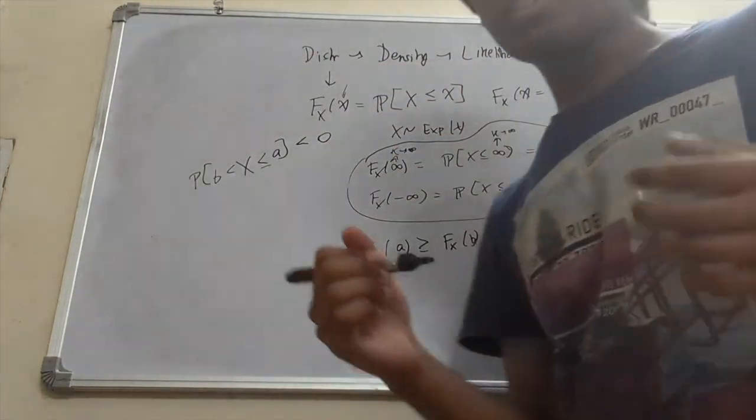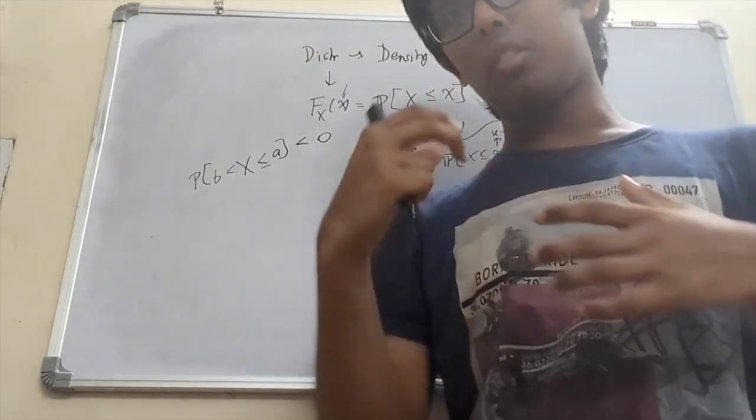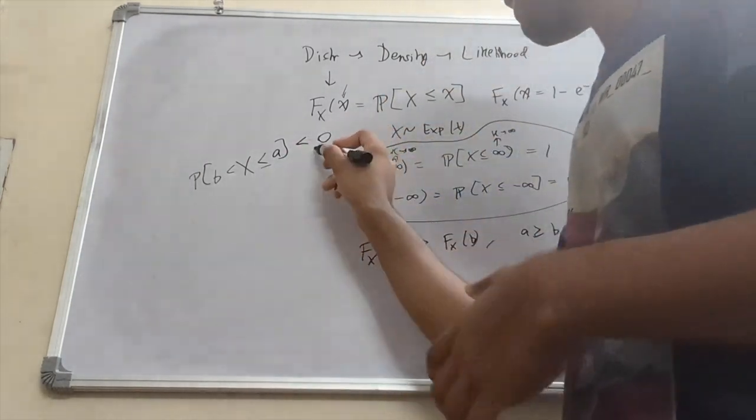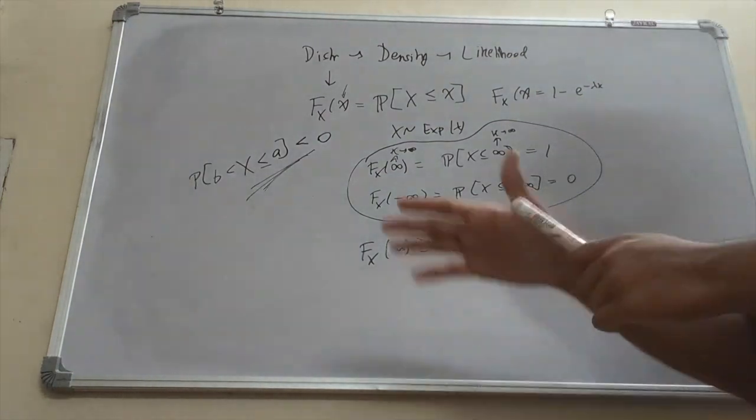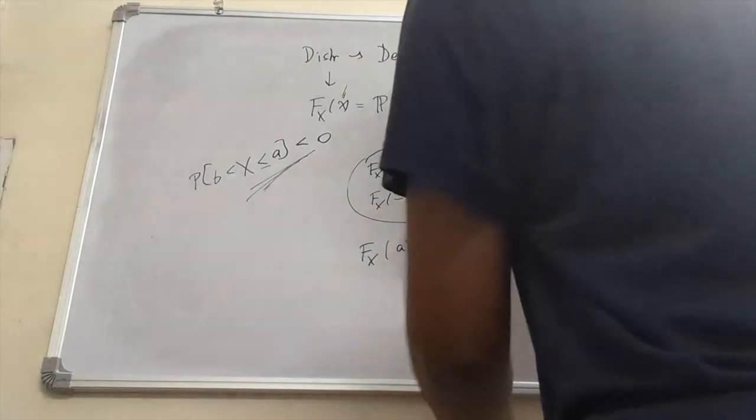Given that we know probability is always between 0 and 1, this does not hold. So that is basically it for distribution functions.